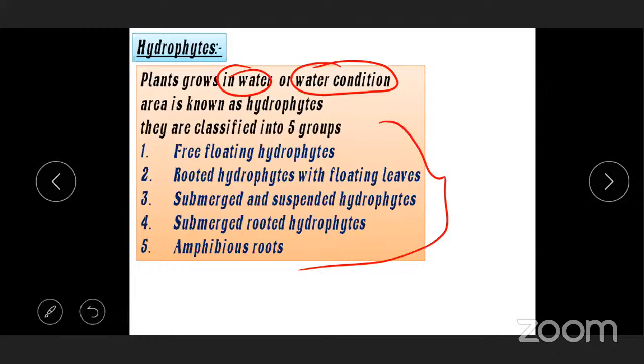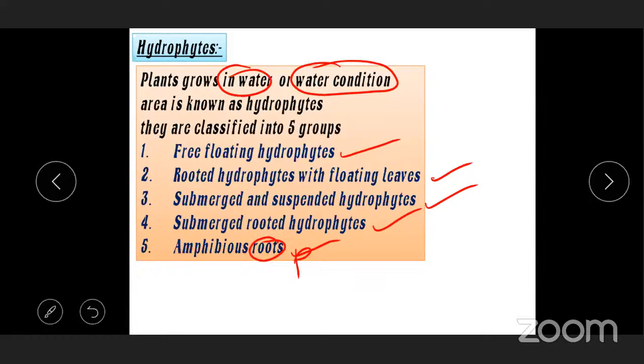First, free floating hydrophytes. Second, rooted hydrophytes with floating leaves. Third, submerged and suspended hydrophytes. Fourth, submerged and rooted hydrophytes. Fifth, amphibious plants.